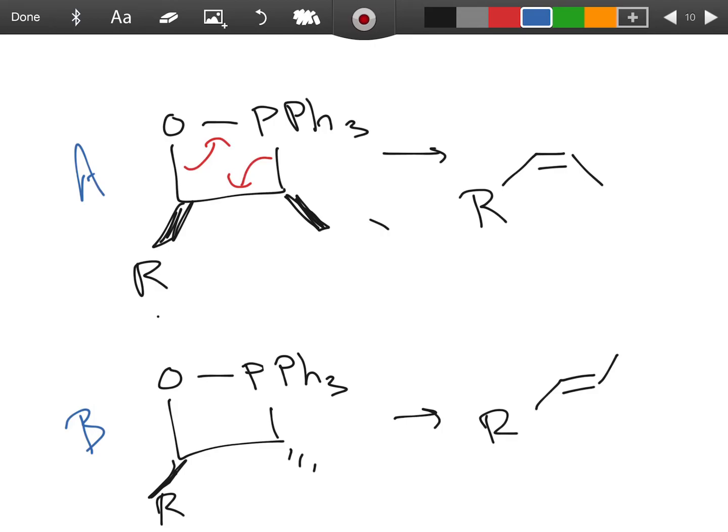So instead of being add and then add again, all your bonds are moving at the same time. So you do a 2 plus 2 cycloaddition. I'll draw this out for everyone.